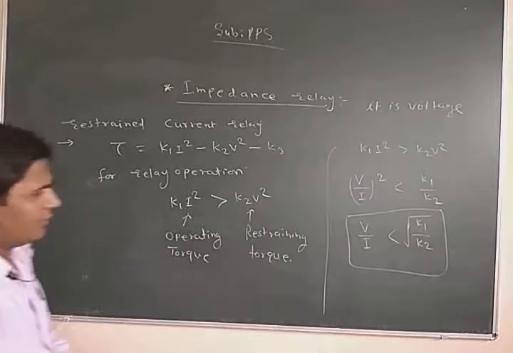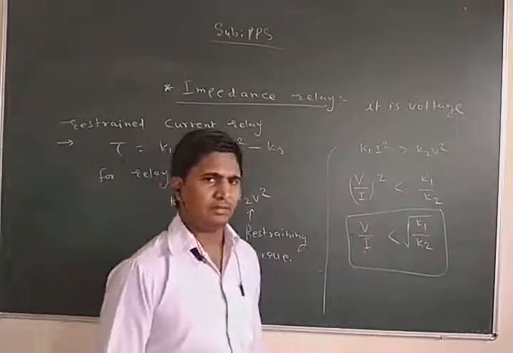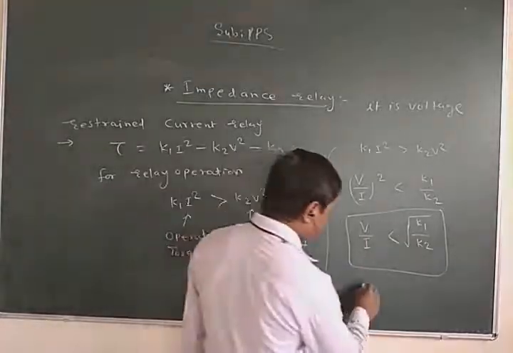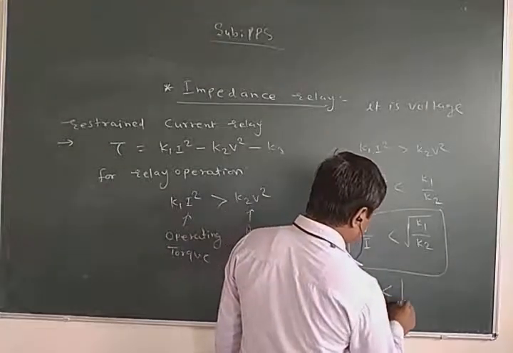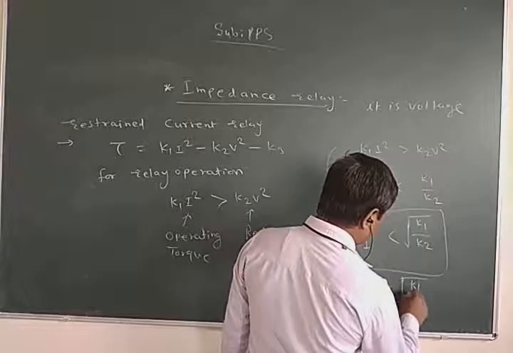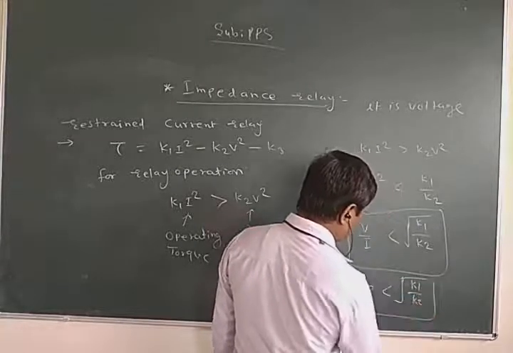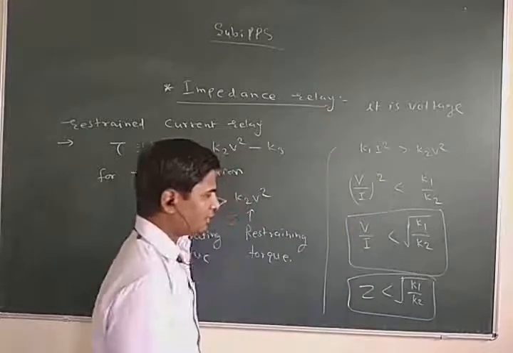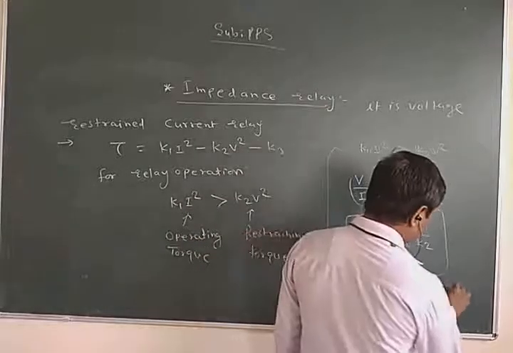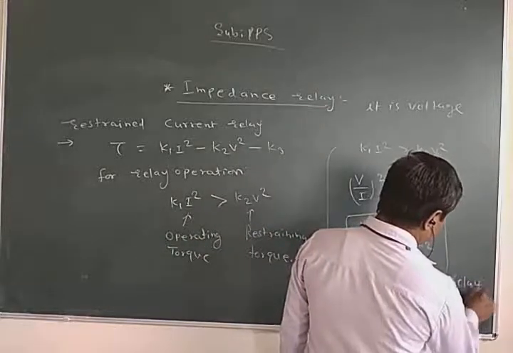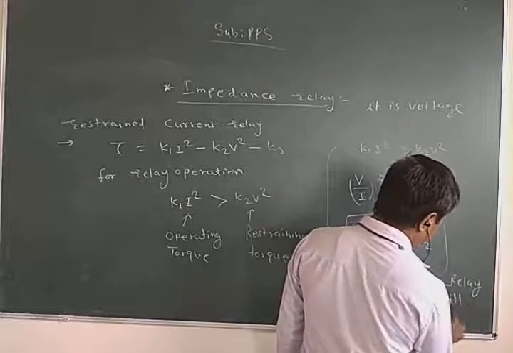Where V upon I is equal to Z, it means Z is less than under root K1 upon K2, the relay will operate.